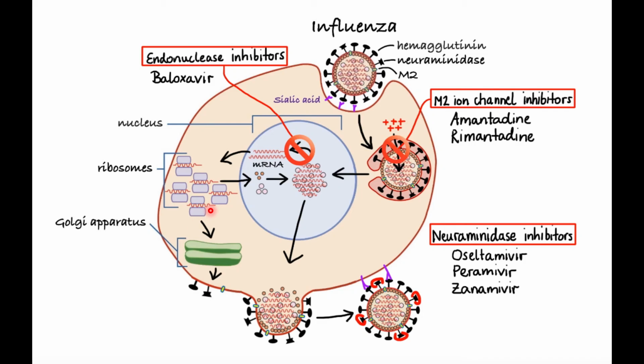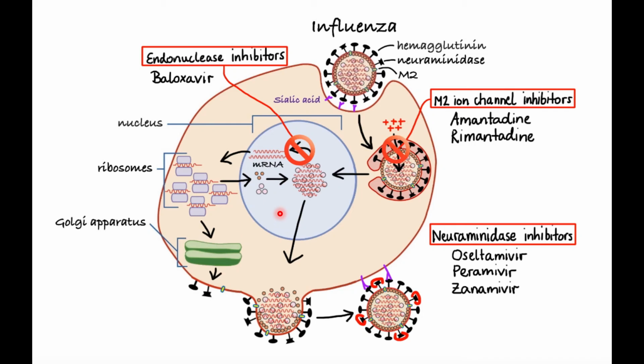Then these viral proteins, including neuraminidase, hemagglutinin, and M2 protein, are transported by the Golgi apparatus to the surface of the cell, or they can go back to the nucleus and help to replicate the RNA.